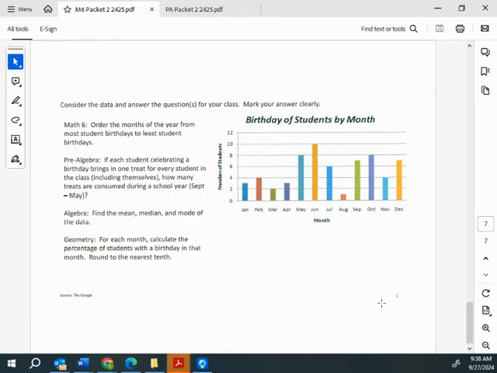Birthdays. So we're going to look at our data that's in the graph, and we're going to mark our answer clearly. So we're going to look at Math 6, and it says order the months of the year from most student birthdays to least student birthdays. So the most student birthdays is going to be our 1, the least student birthdays is going to be the 12.